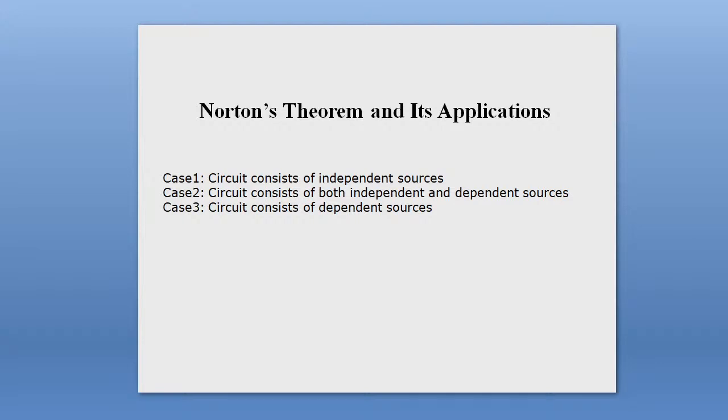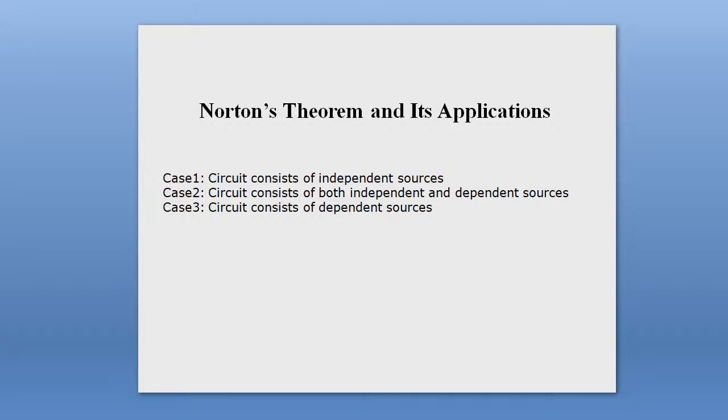So Norton's theorem tells us that a two-terminal active circuit consisting of several energy sources and resistances can be replaced by an equivalent circuit having a single current source in parallel with a resistance.